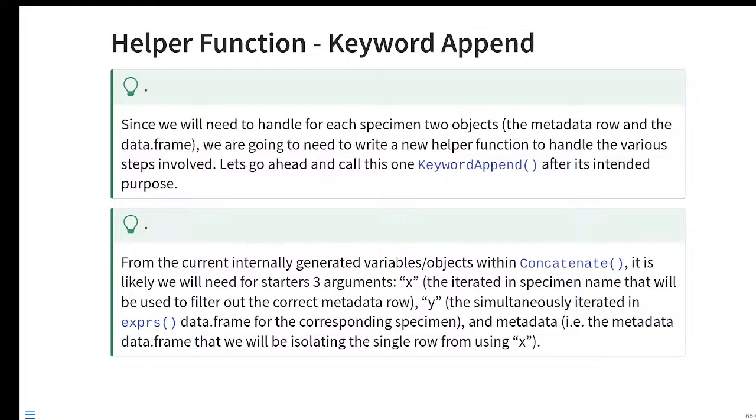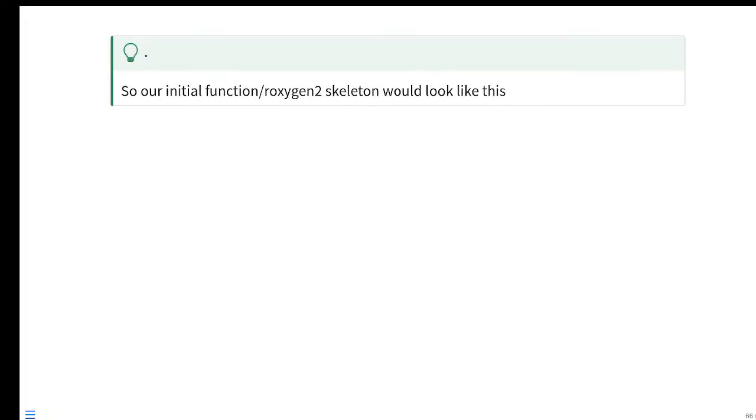Y, which is the simultaneously iterated-in expert's data frame that corresponds to the individual specimen. And then the metadata data frame, the overall broader one, that's going to be used to isolate out the named row for that particular specimen. So that sounds a little convoluted as I said it out loud. So let's actually see what this looks like in practice.